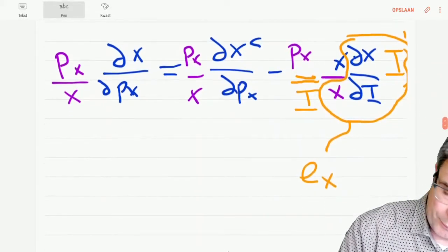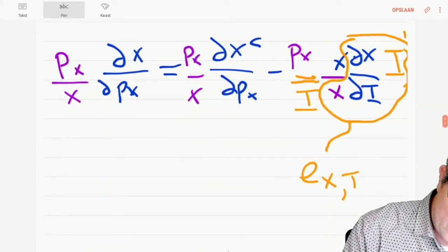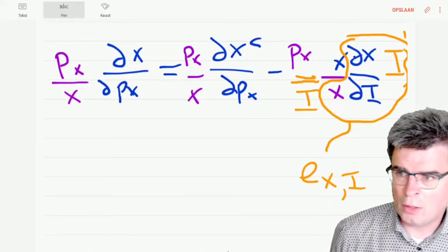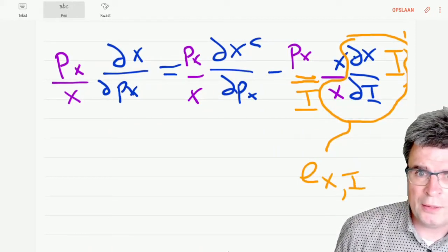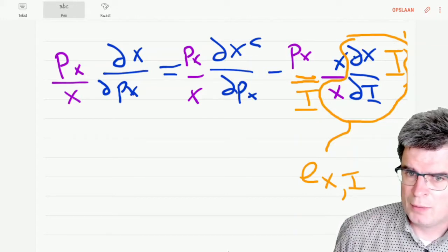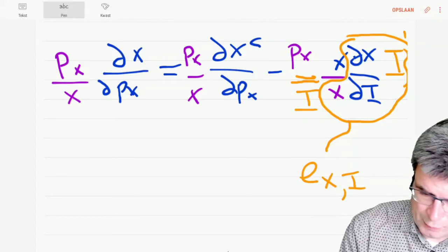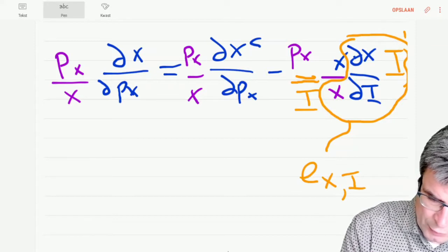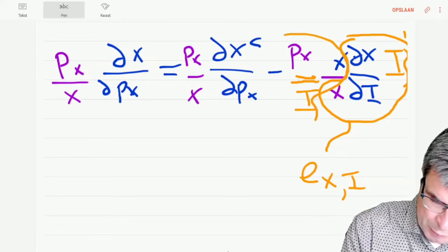So this is the definition of the uncompensated income elasticity. And now we have some terms left here on the right-hand side. So that's the part over here.